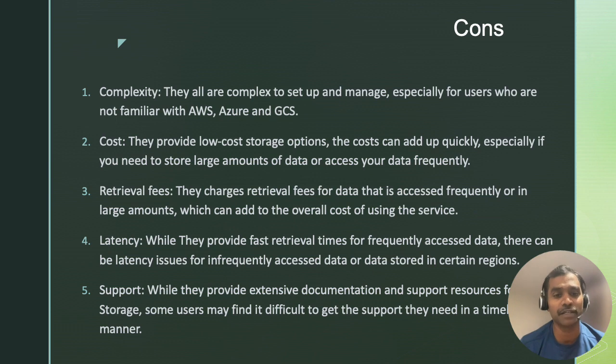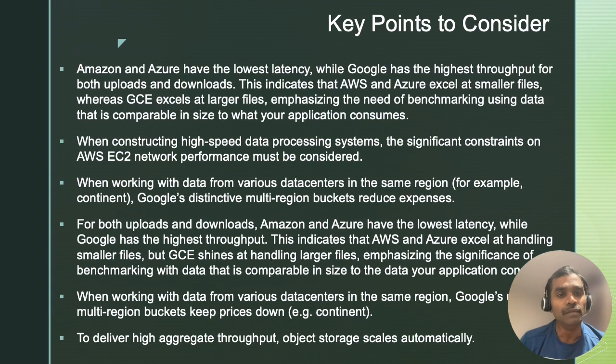Let's talk about specifics. If your application needs the lowest latency, then Amazon and Azure can be the best option, because Google has the highest throughput for both downloads and uploads. So the idea is, when you have smaller files, we can choose Amazon or Azure, but if we have bigger files, we have to go with Google's data storage.